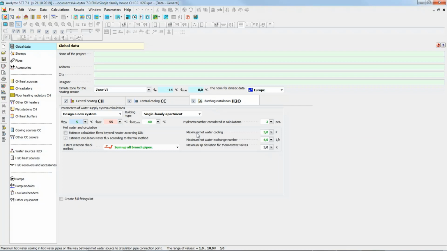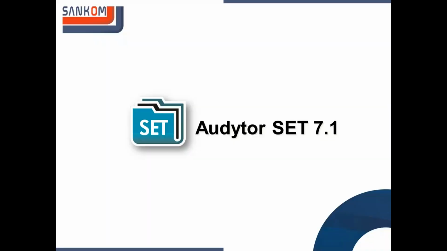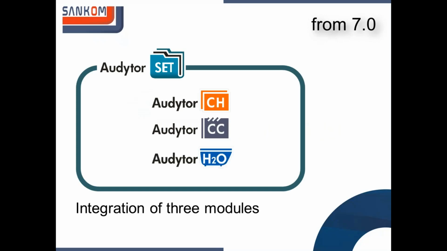Maybe now I will ask a question myself, because you might think: if the program integrates 3 modules, so we have in fact 3 programs in one application, isn't this program 3 times bigger? Doesn't it consume too much internal memory?